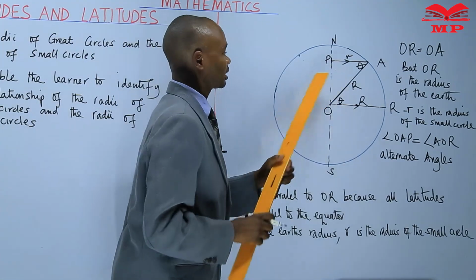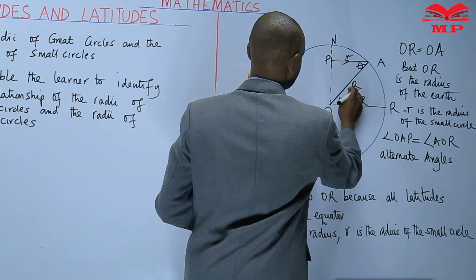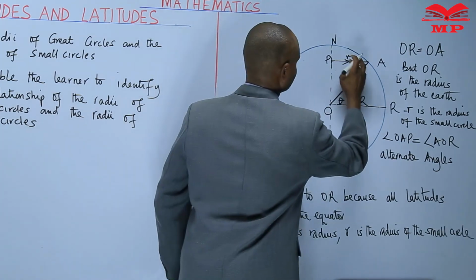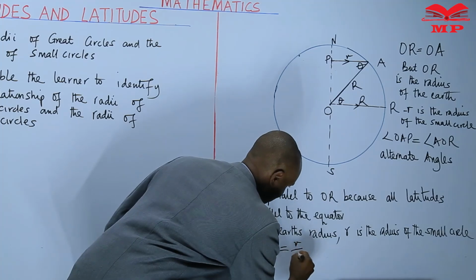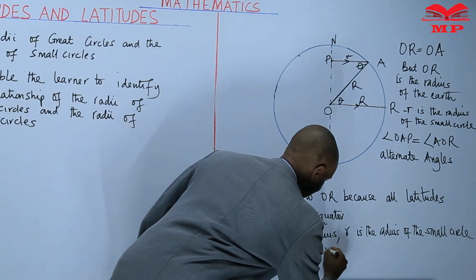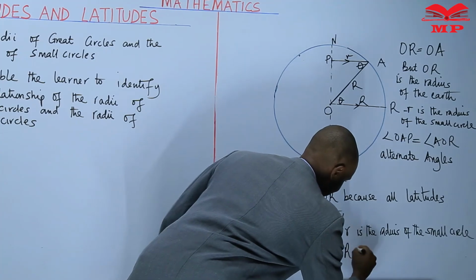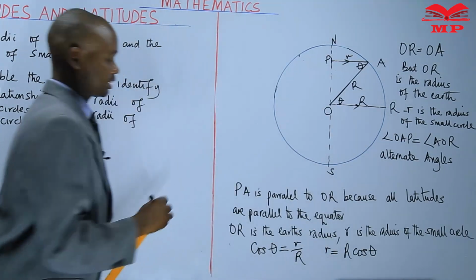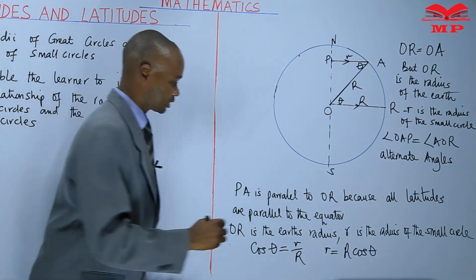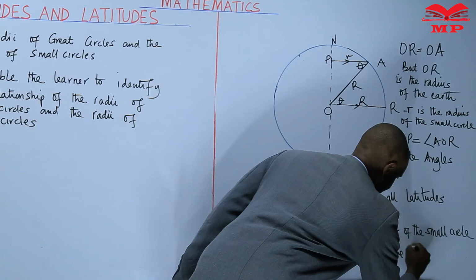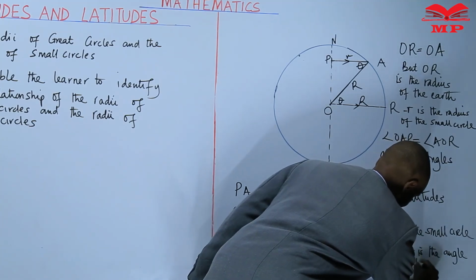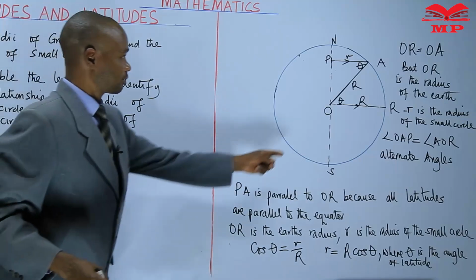So by trigonometry, you can say the relationship between r and R. You can say cosine theta will be equal to adjacent over hypotenuse, r over R. So from there you'll get that the small radius r will be given by R times the cosine theta, where theta is the angle of latitude.